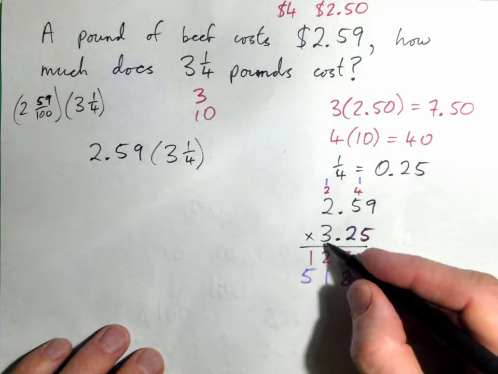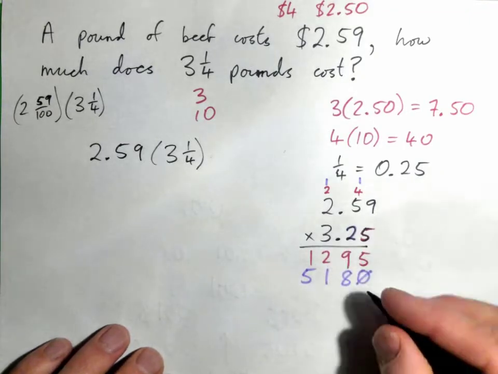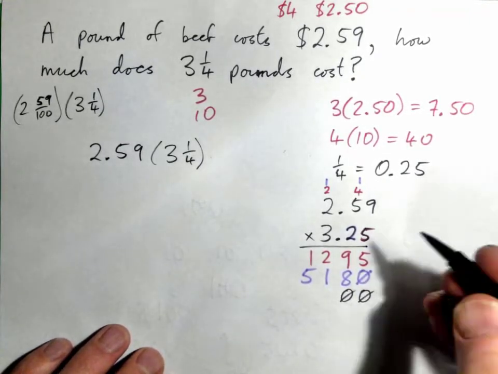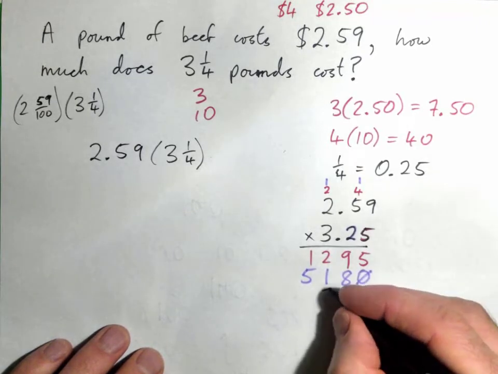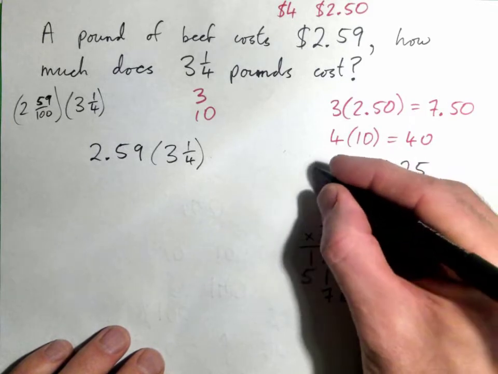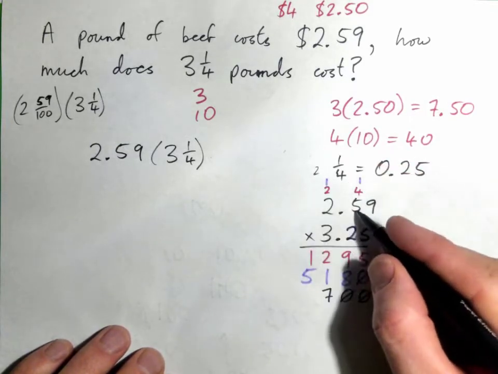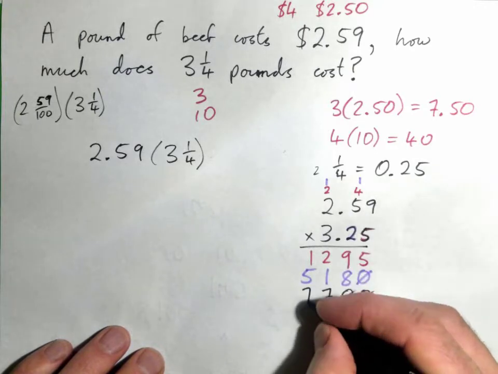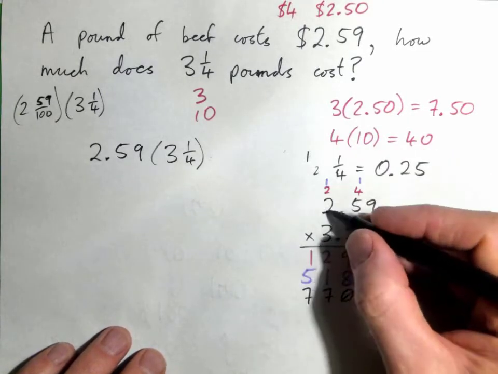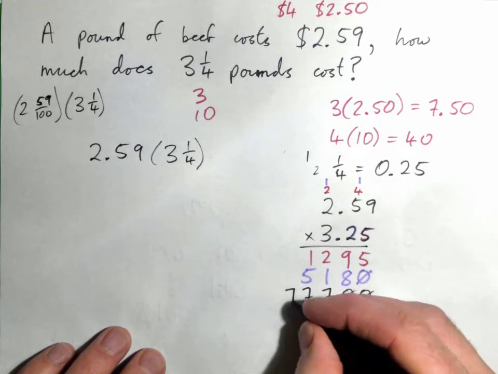And then lastly, multiply by 3. 2 placeholder zeros. 3 9s 27, carry 2, good. 3 times 5 is 15, and 2 is 17, carry 1. 3 times 2 is 6, and 1 is 7.